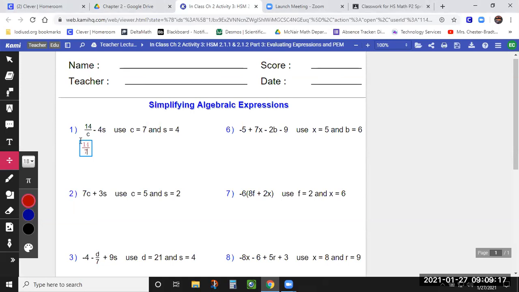Minus 4, parentheses 4. Remember the numbers, we put them in parentheses, that lets us know multiply. Okay, so all I did was substitute in what the C was worth and what the S was worth.